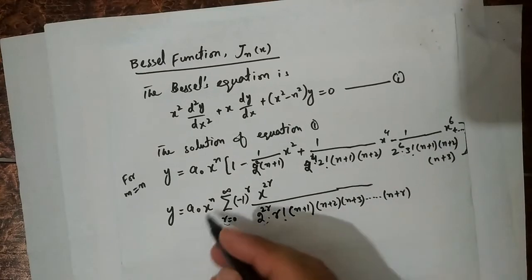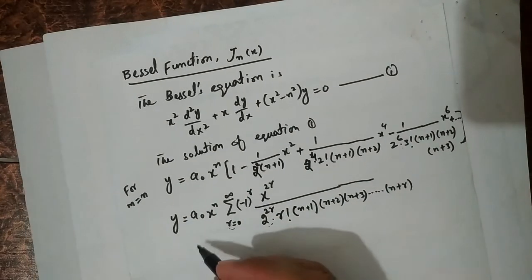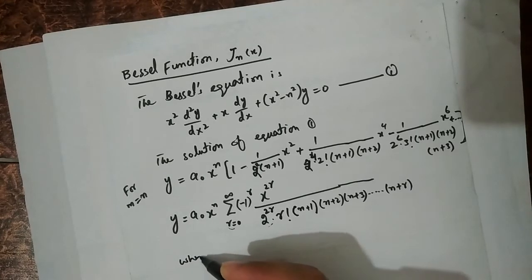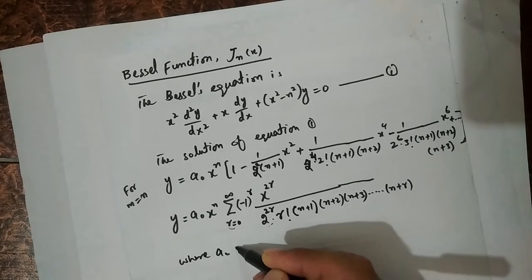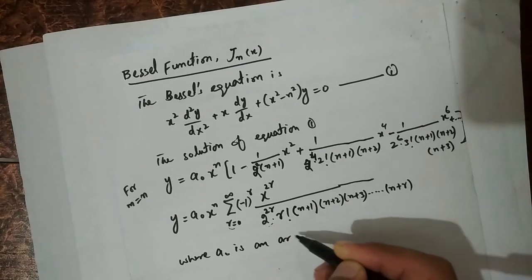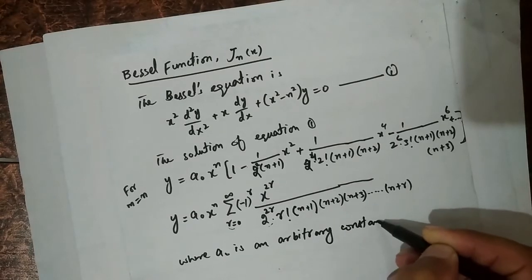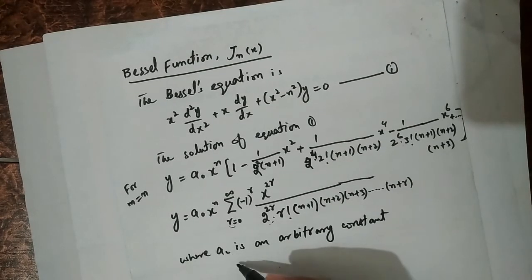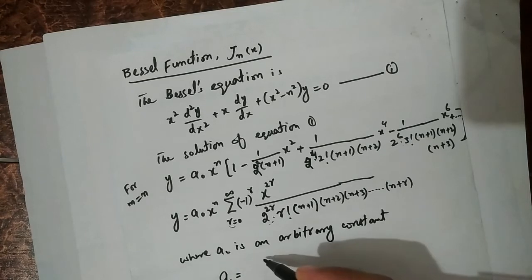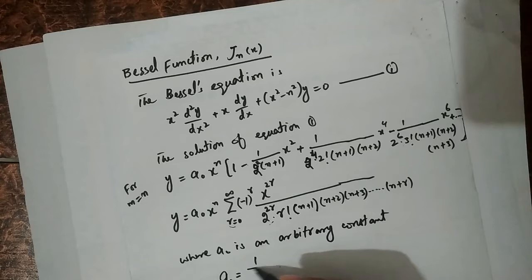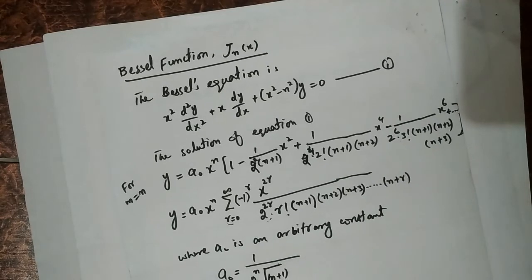And the value of a naught is given as a naught is equal to 1 upon 2 to the power n into gamma n plus 1. This is the value of a naught.